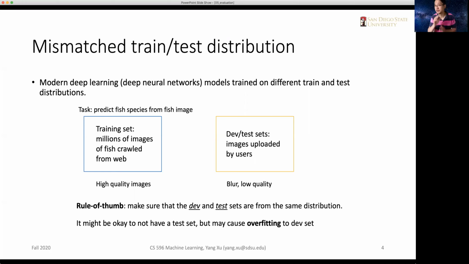Because we observe the performance based on the dev set. So any model that is good, we claim to be good, is actually a relative concept that is based on our specific dev set. Okay, so we'll come to the overfitting concept again after we have talked about the performance metrics.